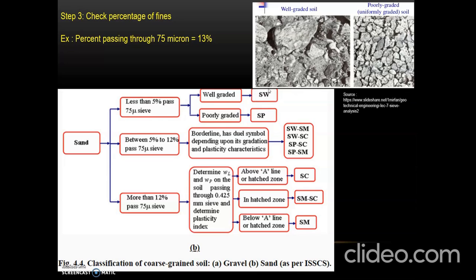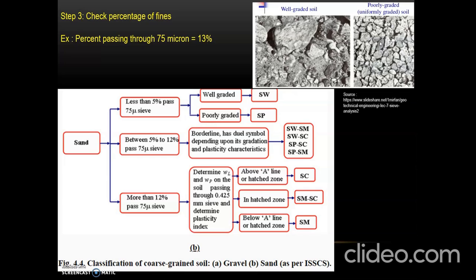So in order to know whether it is well graded or poorly graded, we need to find out Cc and Cu. And here in this figure we can see poorly graded soil, which can also be referred to as uniformly graded soil. So in this figure we can see that almost all the particles are of same size.